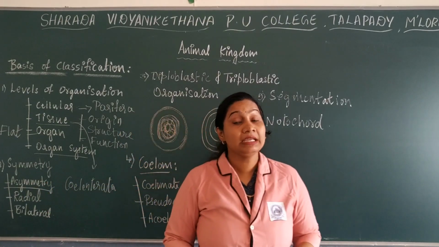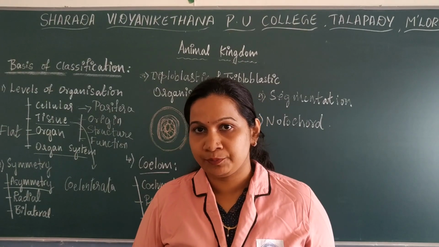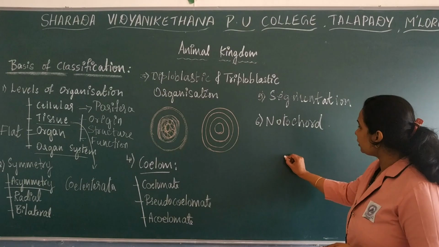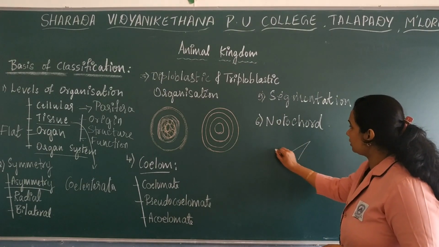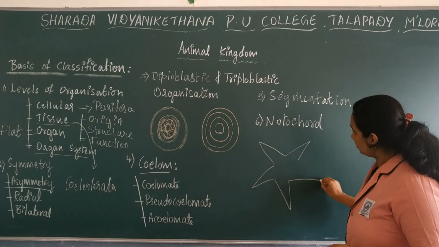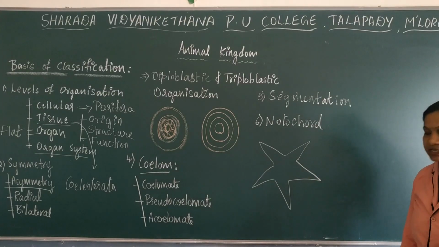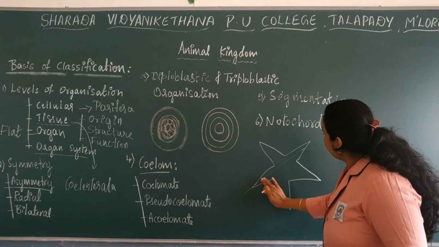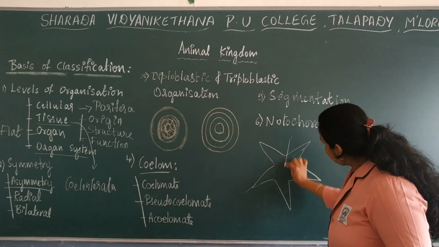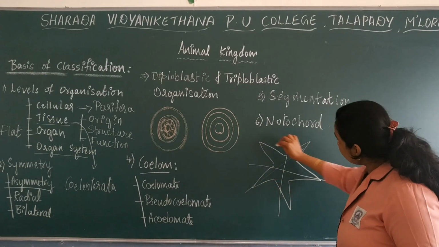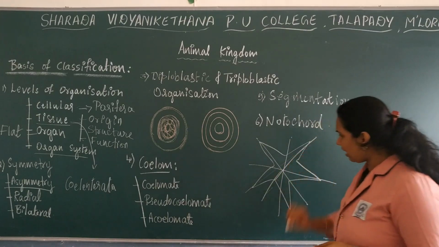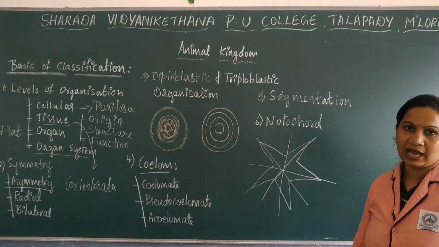Next is radial symmetry. I can explain it with the starfish. If we cut from this angle, or this angle, or this angle, at any angle we divide, we will get equal halves.